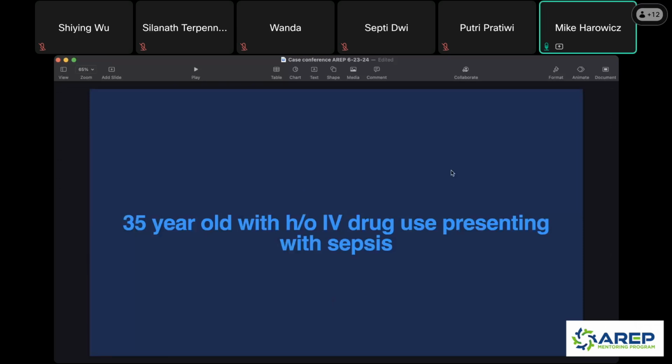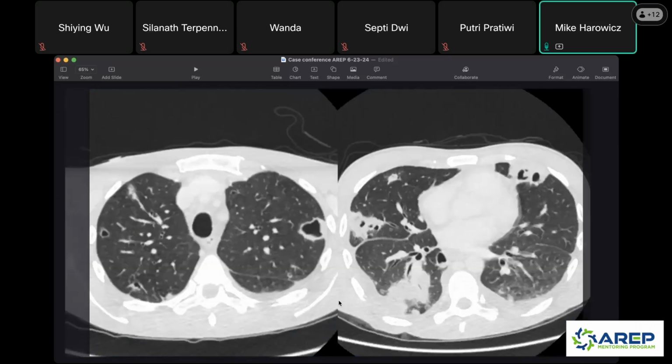So another case, this is a 35-year-old. They have a history of using IV drugs, and they're presenting with sepsis. They were actually a transfer, I believe, from an outside hospital, so we're still gathering info on them. Very busy CT, two axial images from the same CT.